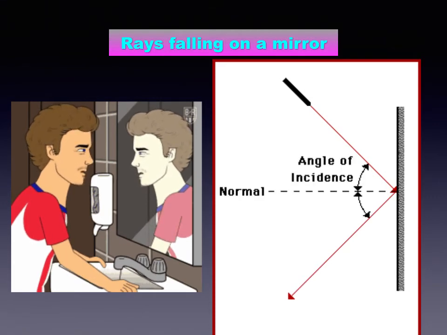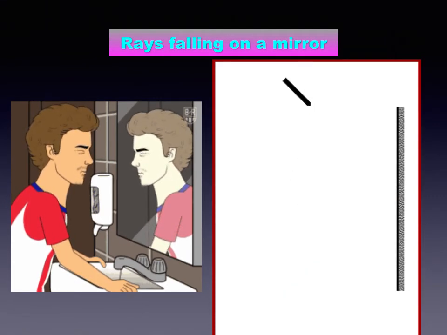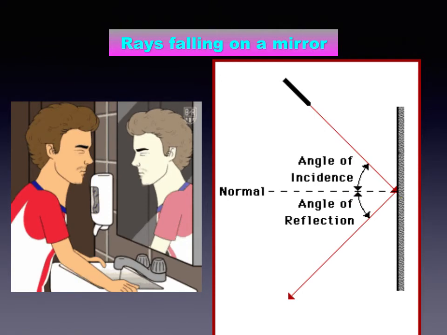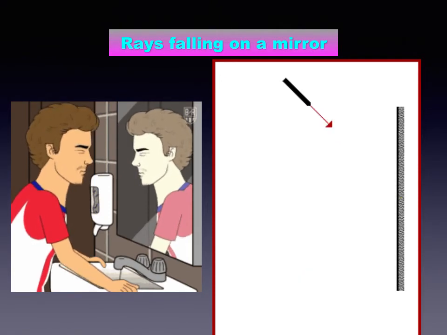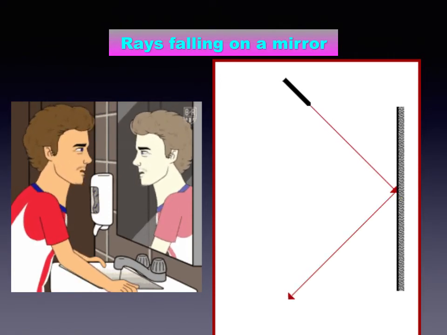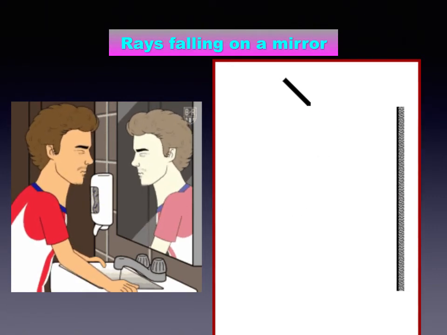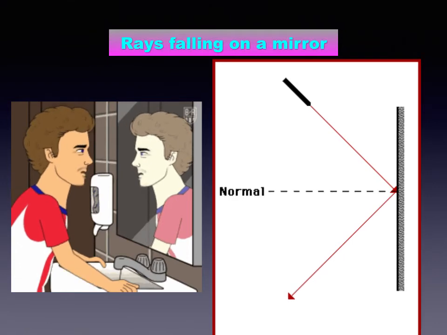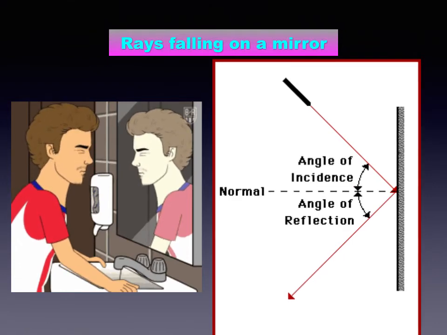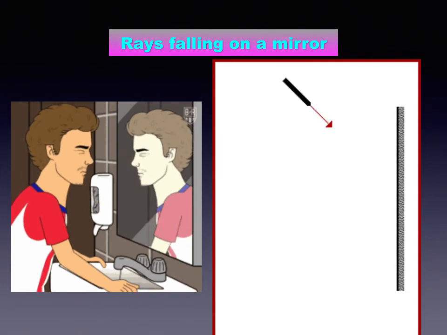So you can see the light falling on the mirror, which makes an angle of incidence to the normal, and the light rays which get reflected back from the mirror make an angle of reflection to the normal. So these are called the laws of reflection of light.